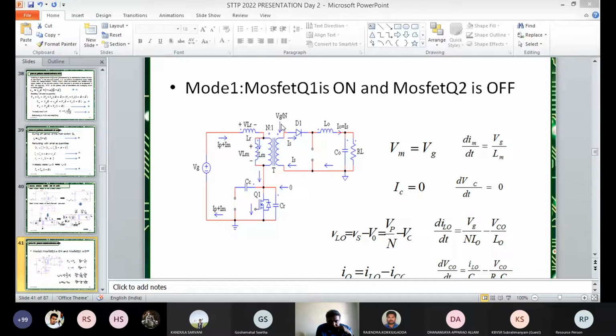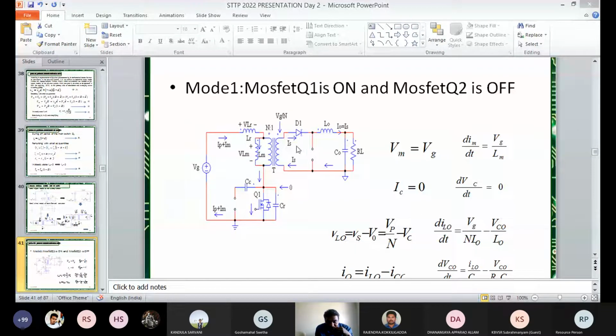The voltage across the inductor VL0 equals the voltage across the secondary winding minus the voltage across the load circuit. That is Vs minus V0, where Vs is Vg by N. So VL0 equals Vg by N minus V0.